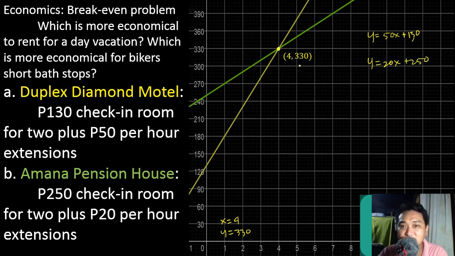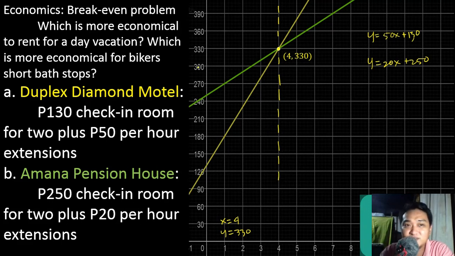Patas sila sa 4, 330. Ano ibig sabihin nun? Ibig sabihin, alinman sa motel na mag-stay ka, yung Duplex Diamond, eto yun yung yellow, at saka yung green, yung Amana Pension House. Alinman sa dalawang motel, mag-stay ka ron for as long as it is 4 hours, pareho yung babayaran natin.